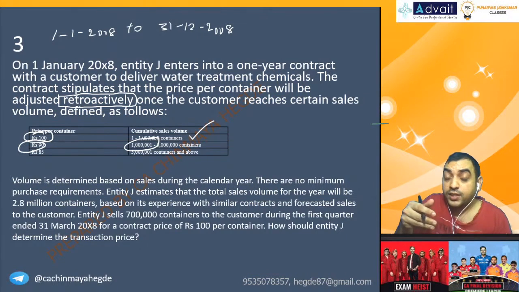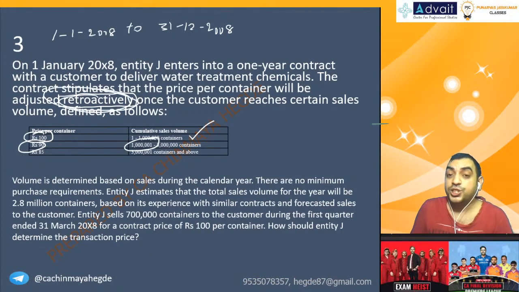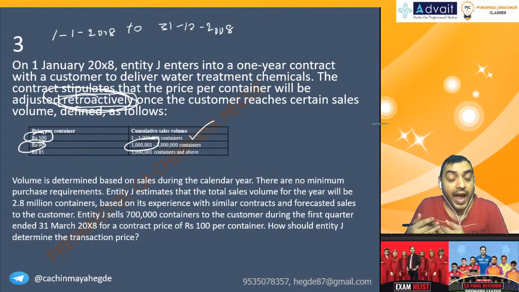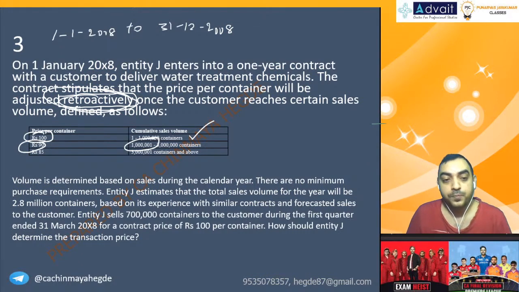Not only for the units exceeding 1 million, but also for the first 1 million. In a retrospective adjustment, the price for the current product as well as previous products, the price at which they were already sold, will be retrospectively adjusted.